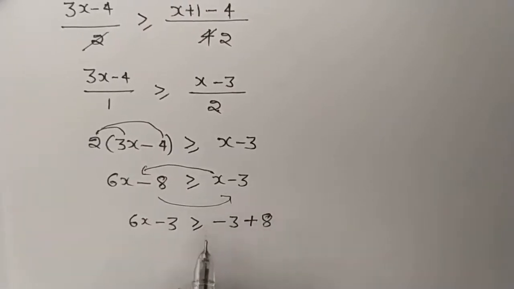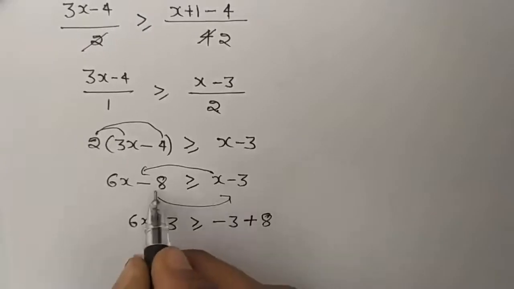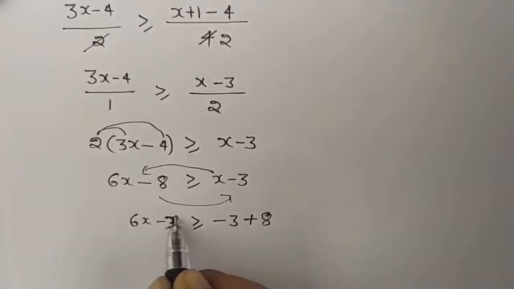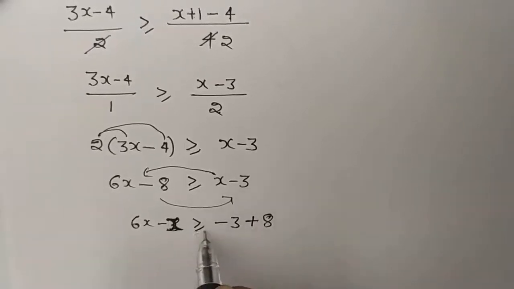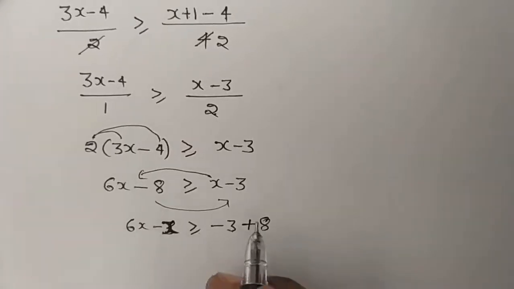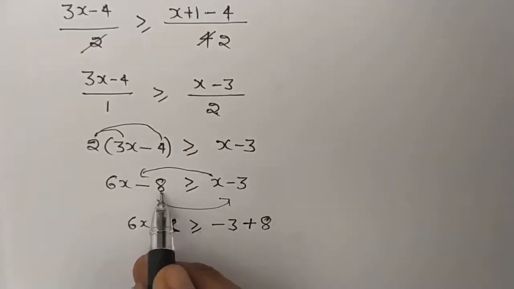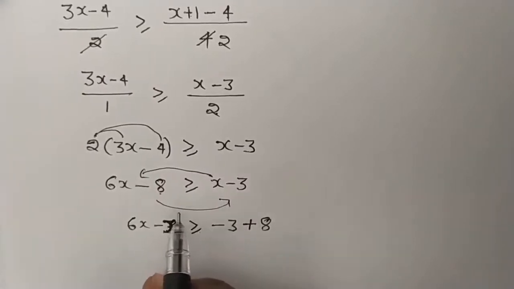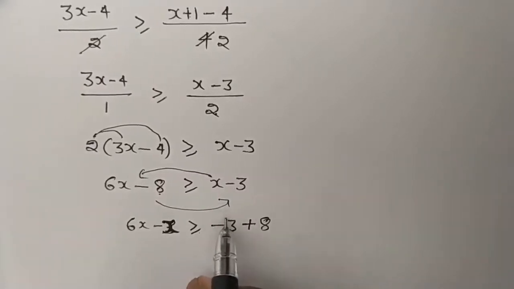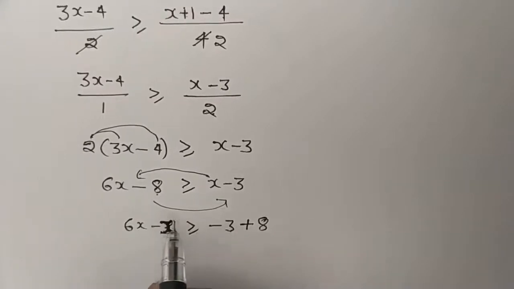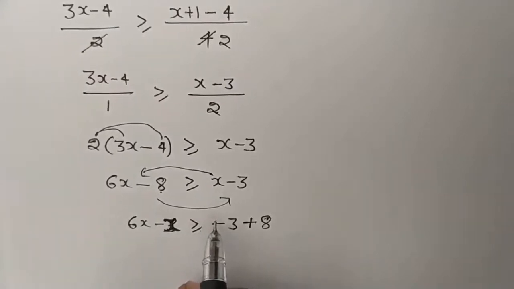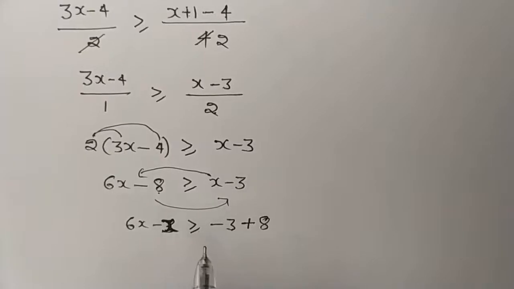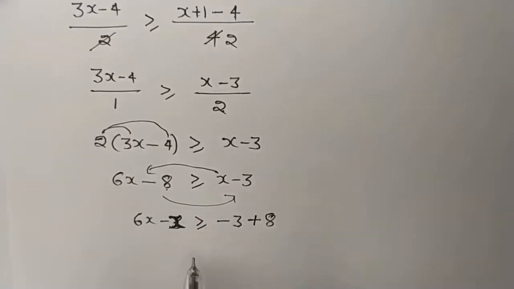That means 6x minus x is greater than or equal to minus 3 plus 8. Sending this minus 8 to the right is nothing but adding, or subtracting, on both sides with the number 8. We are not multiplying or dividing with a negative real number.